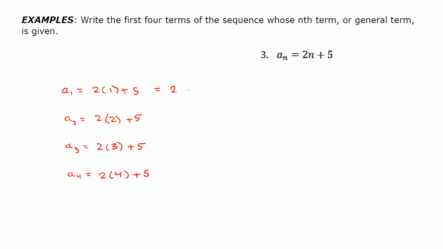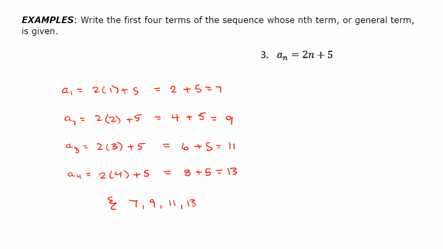So we'll get 2 plus 5, which is 7, then 4 plus 5, which is 9, then 6 plus 5, which is 11, and 8 plus 5, which is 13. So our sequence is 7, 9, 11, and 13. Okay, so those are the first 4 terms in this sequence.